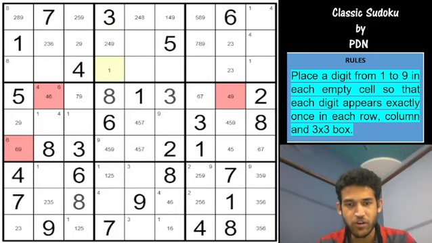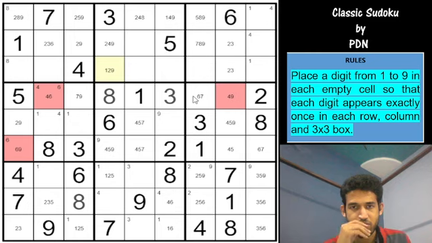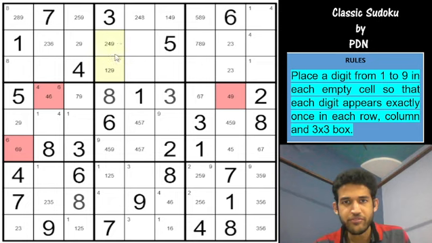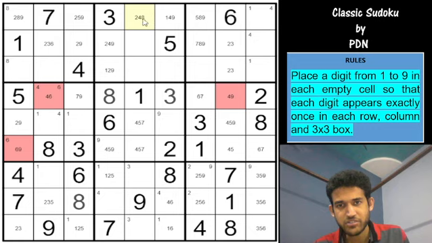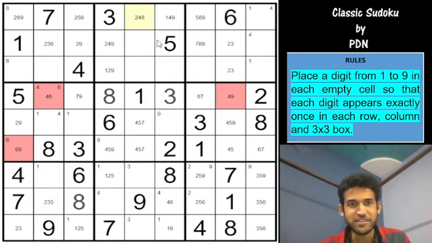Okay, this cell can only be 1, 2, 9. So we almost have a quadruple here. So if this cell did not have an 8, this would have become a 1, 2, 4, 9 quadruple, but it's not to be. Unfortunately, this cell can take an 8. Can we somehow eliminate the 8 from here? That would be really helpful.